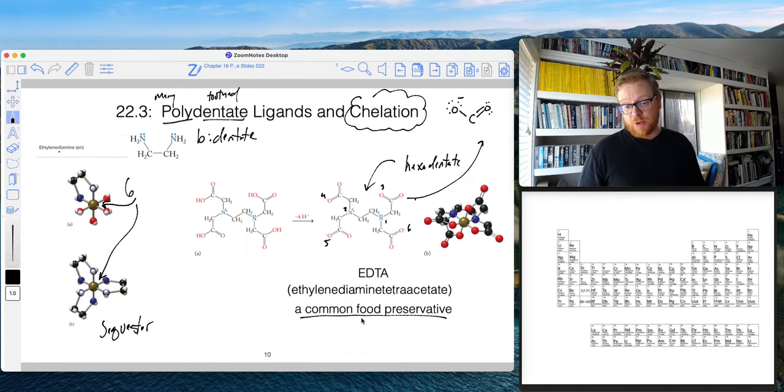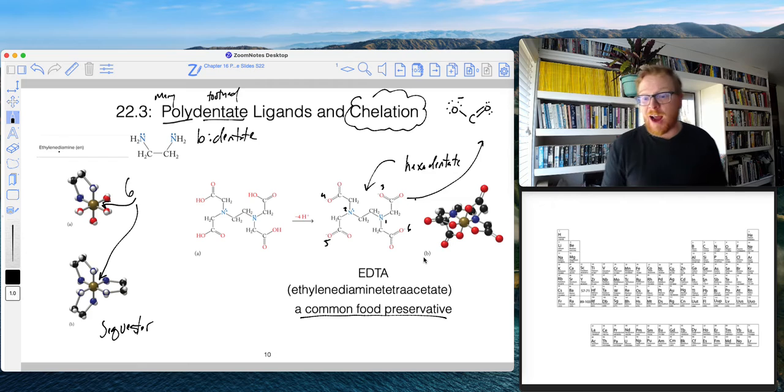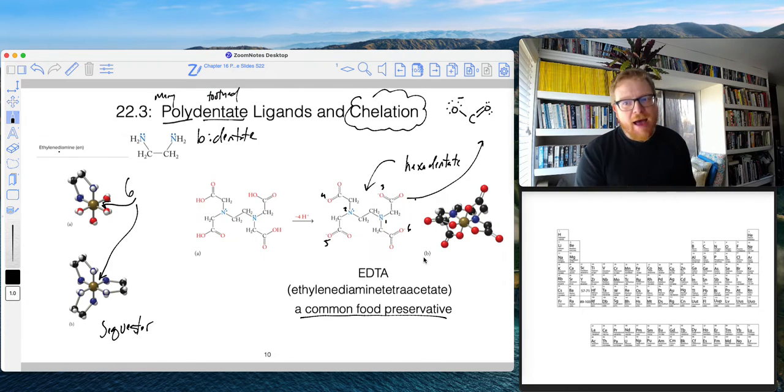So for example, if you had some metal ions floating around in your mayonnaise, that can enhance the spoiling of that mayonnaise. Those free metals can either promote oxidation reduction chemistry or it can promote acid-base chemistry. In either scenario, those free metal ions are going to spoil the food.